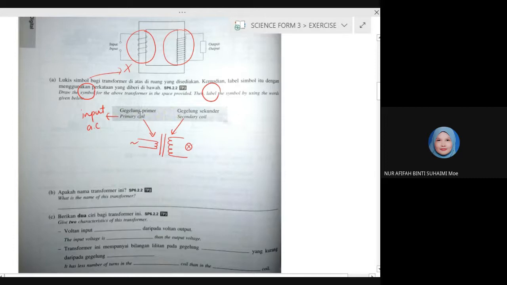Ingat primary coil. Tak kisahlah dia dekat sebelah kanan ke, sebelah kiri ke, as long as it is connected with the AC or power supply or input, so that one will become the primary coil. Nampak je ada AC current ataupun simbol wave macam ni. So the coil is primary coil. Okay.